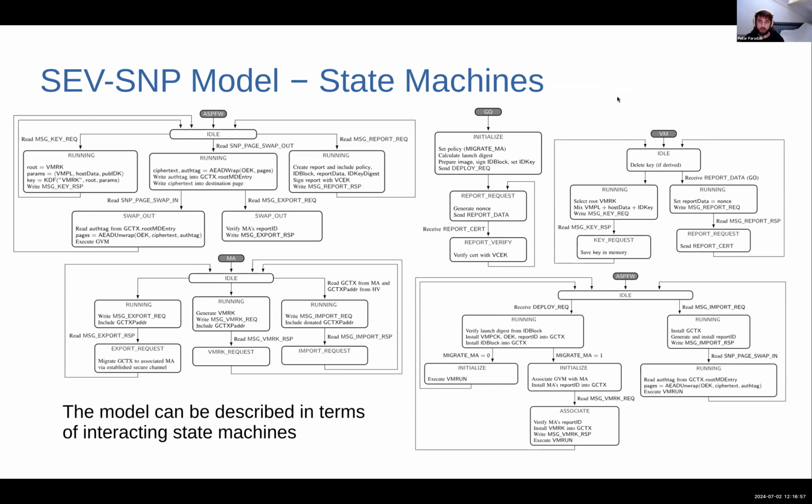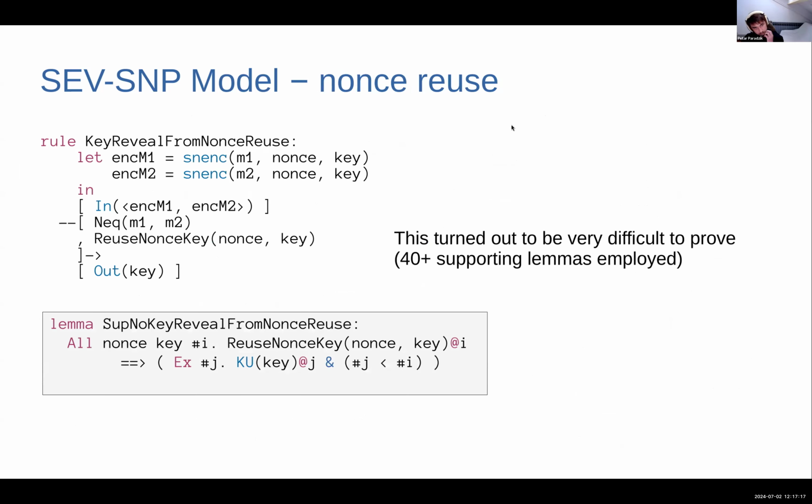So we support this kind of unbounded execution, and as I said previously, we needed induction to reason about this kind of behavior. Concurrently executing all of these state machines can exhibit some complex behavior in Tamarin.